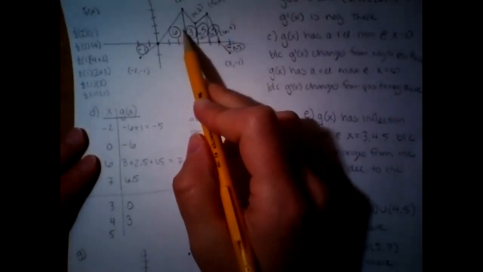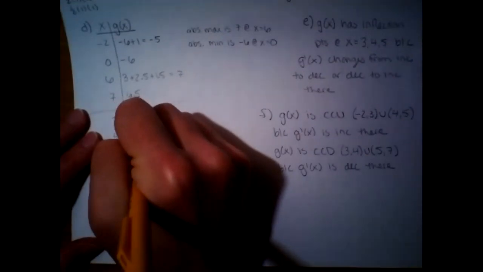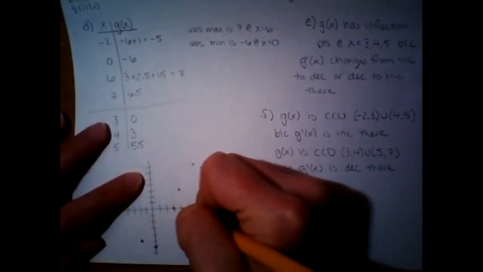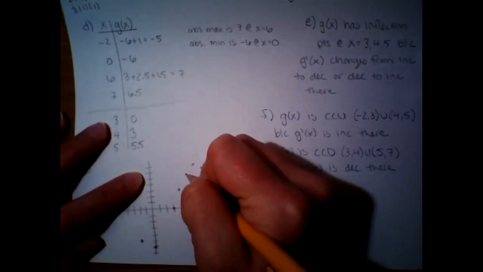So that's these two trapezoids in here. So that would be 5.5. Right, so last thing I need to do is just connect the points.